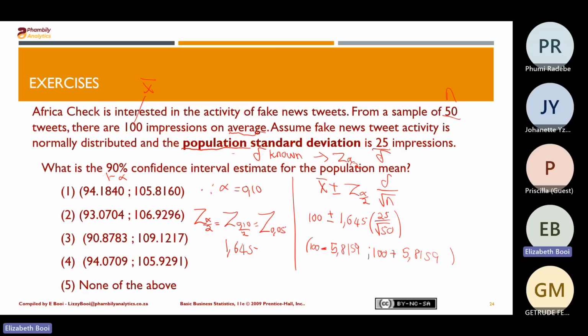If we subtract, 100 minus 5.8159, I get 94.18. I must leave it in four decimals, 94.1841, because if I round off too quickly I'm going to have a problem. You must keep all the decimals.